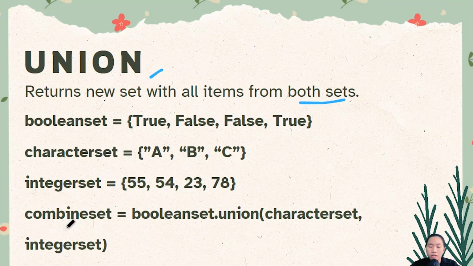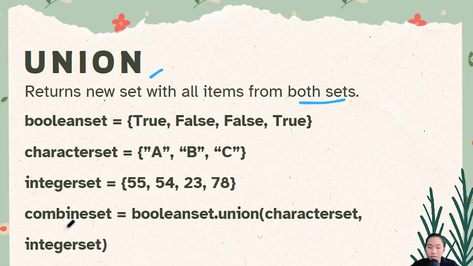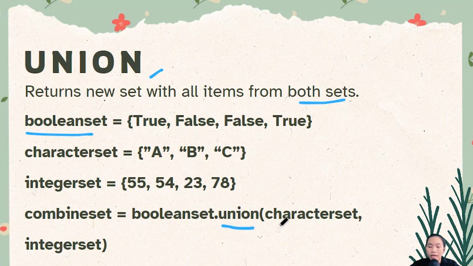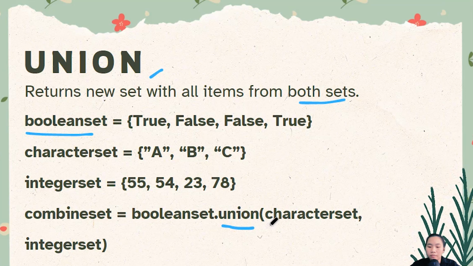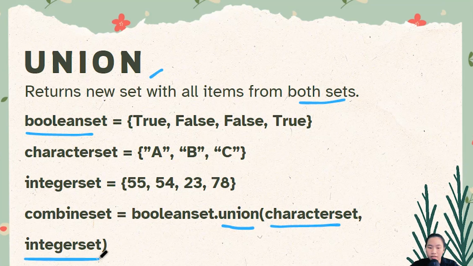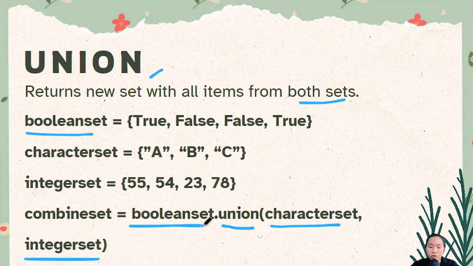And then we're going to create a new set wherein we will combine all of the sets that we've seen before, like all these sets up here. Boolean set, so we're taking Boolean dot union, using the union method, and we append all of the values that are in the character set and integer set to the Boolean set. All right? I'm going to show you in a bit how this all works out.